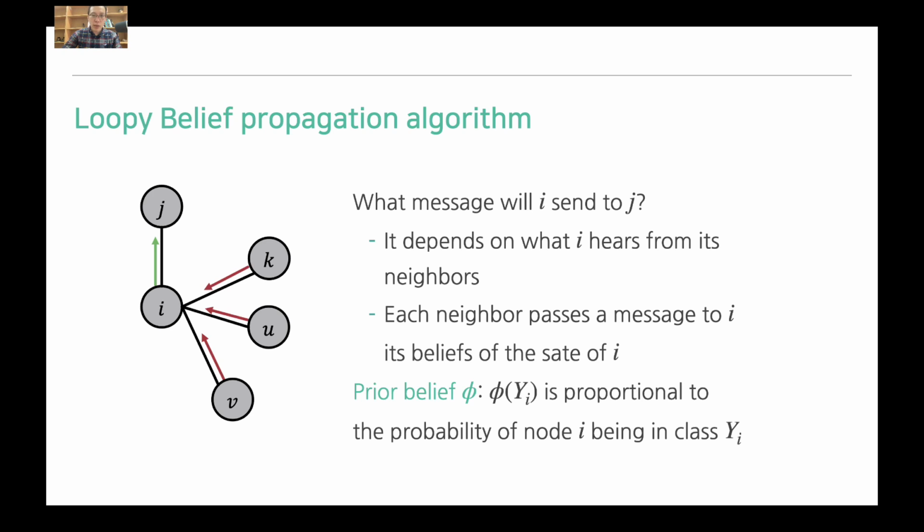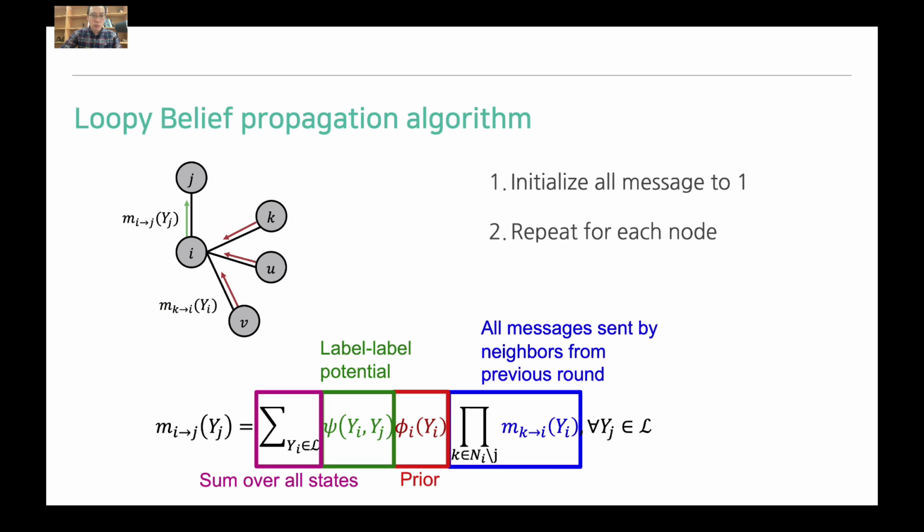Apparently, the message depends on what the source node hears from its neighbors, and each neighbor passes the message to another node connected to the corresponding node, their belief of the state of the node V. We still need to initialize the belief, right?